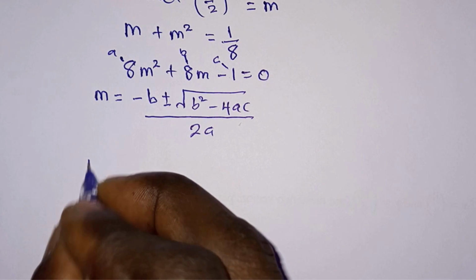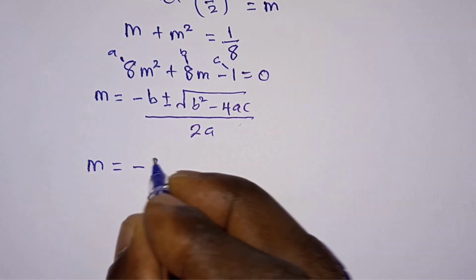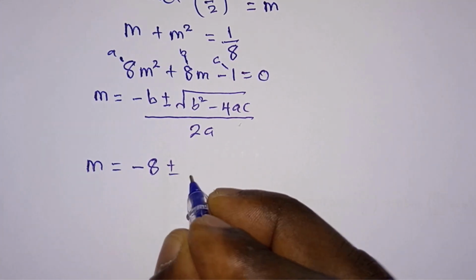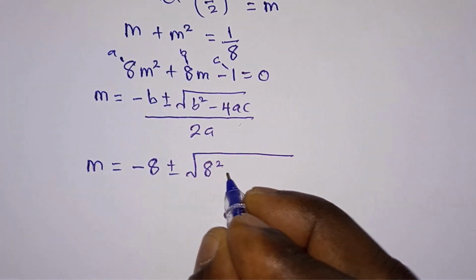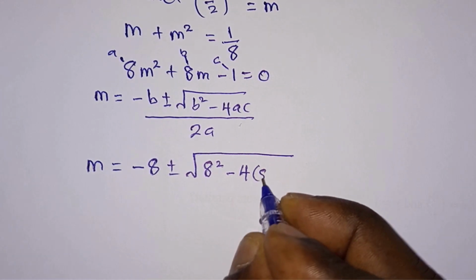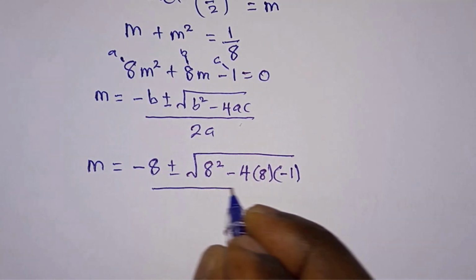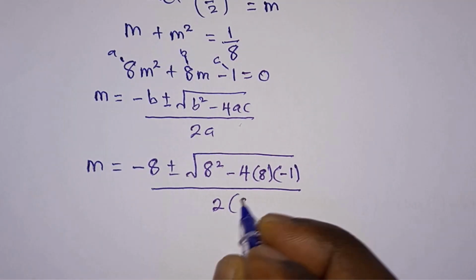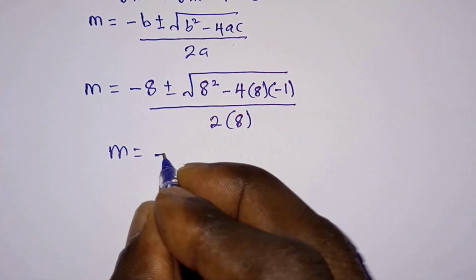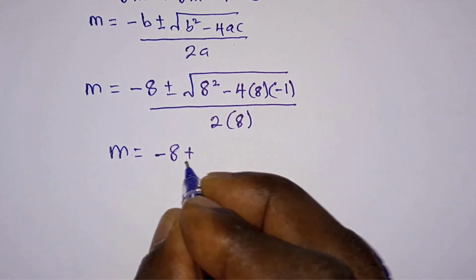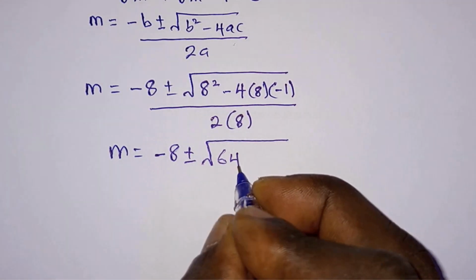So let's plug these values into the quadratic formula. We have m is equal to -8 plus or minus square root of 8 squared minus 4 times 8 times -1, all divided by 2 times 8. Now m is equal to -8 plus or minus square root of 64.